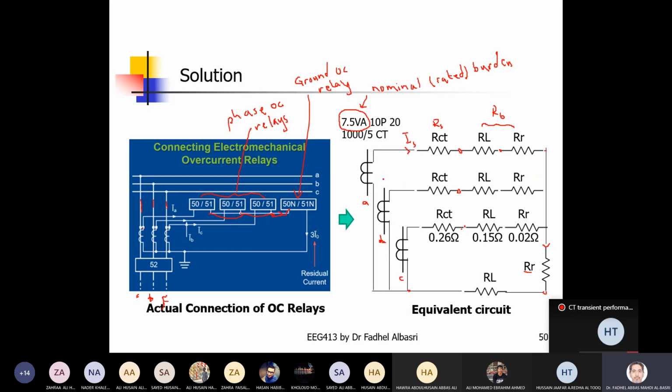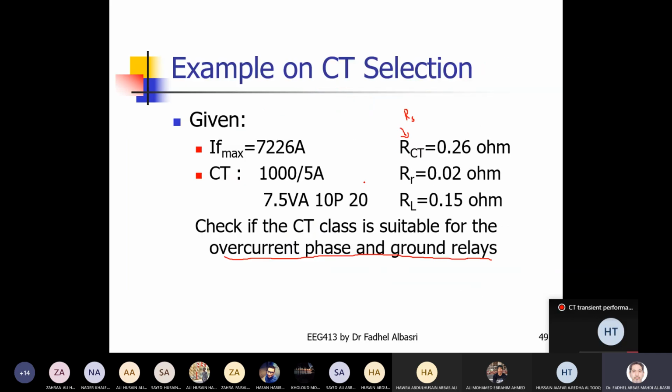Now I'm checking the requirement for when I have this relay. This relay acts when you have symmetrical faults, like three-phase faults. So normally I check this at maximum secondary current. Maximum secondary current will come when you have maximum faults, and the three-phase fault is the maximum.